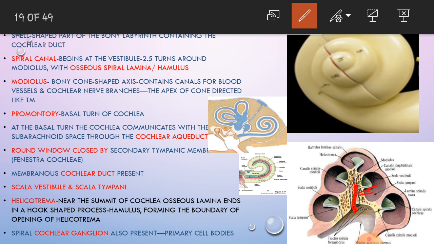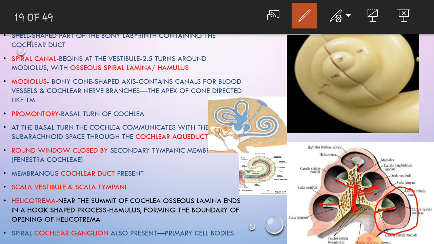This is the osseous spiral lamina. It is seen here in different sections because it has been wound 2.5 turns around the modiolus. So if you just want to have a look at one section of the cochlear canal, have a look at this. I've marked a bony ridge which extends halfway into the cochlear canal.